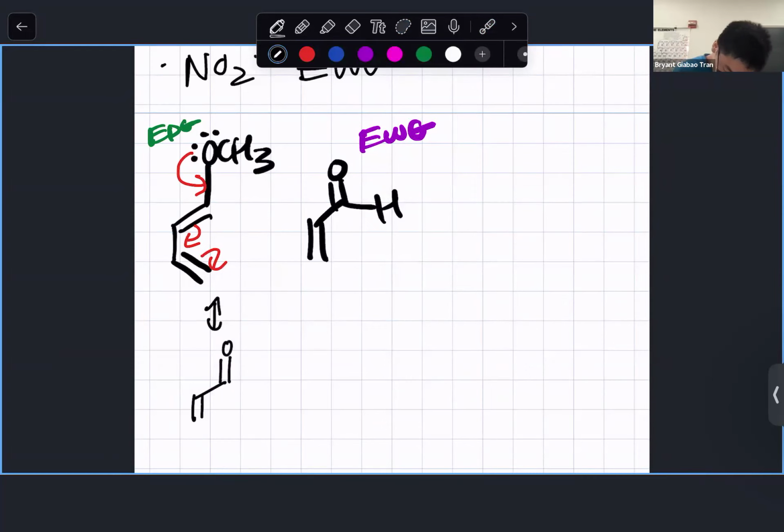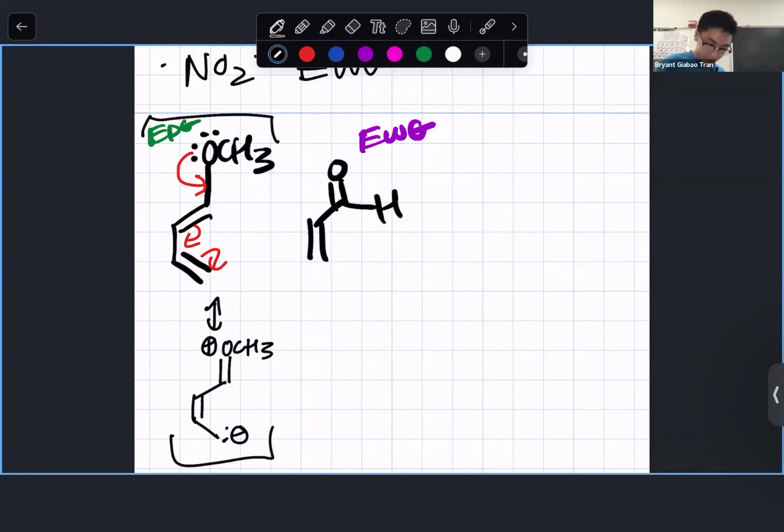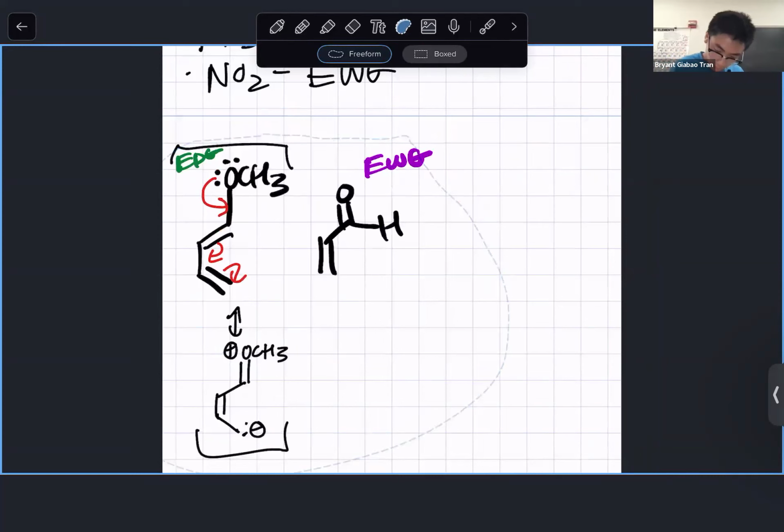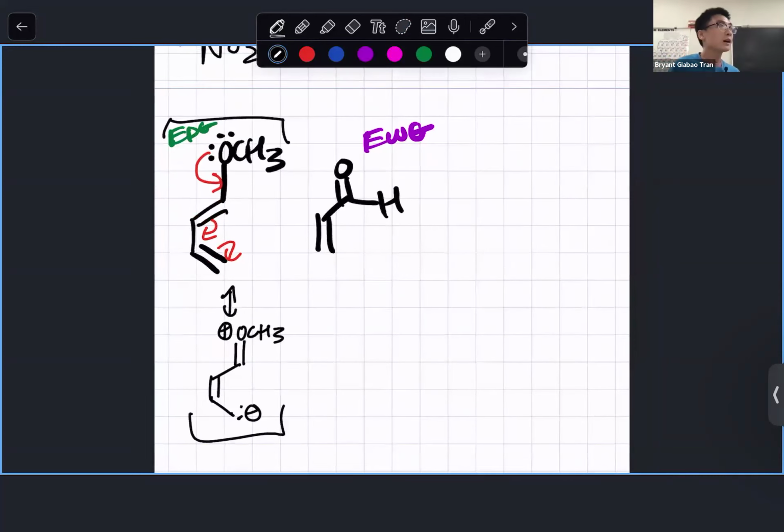This kind of resonance structure here. So this is the resonance structure of this because the EDG donates electrons to the system, pushing the electrons all the way down to that diene, where we have a negative charge down here.